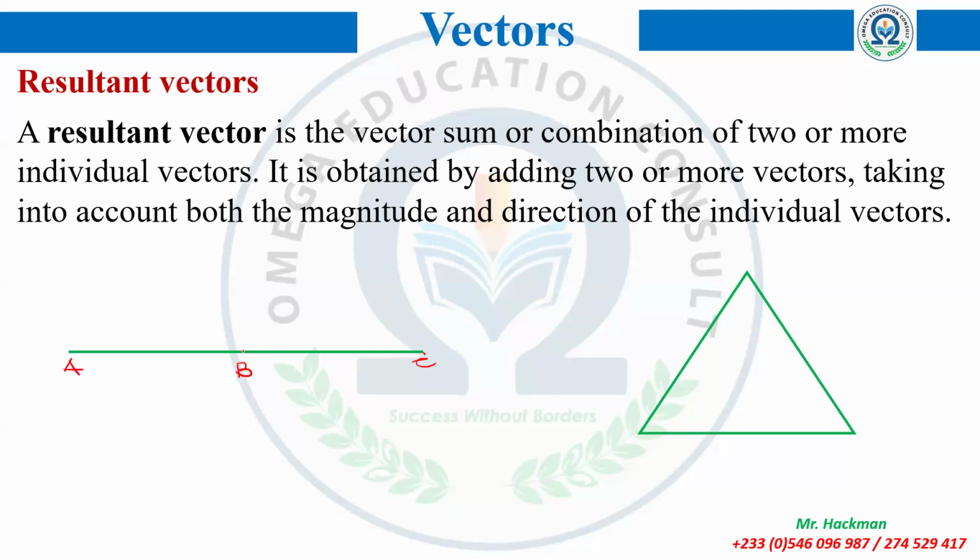I will move from the point A to the point B, then from the point B to the point C. But in all, I move from the point A to the point C. Do you agree? My professors, do you agree?